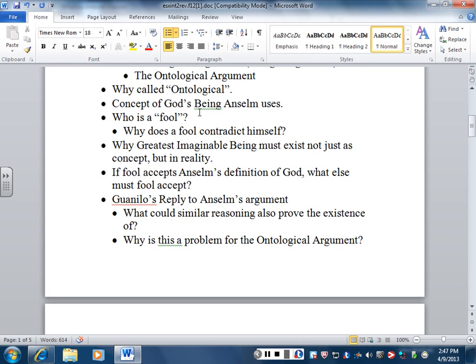Otherwise, you end up with a contradiction, because the fool would be saying, well, okay, I think God is the greatest being we can think of, but that being doesn't exist. But Anselm's trying to say, in order to qualify as the greatest being we can think of, that being has to exist, because, and here's Plato coming in, something that exists is greater than something that doesn't exist.